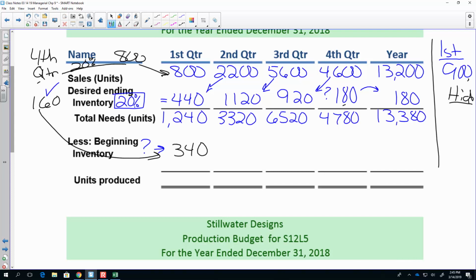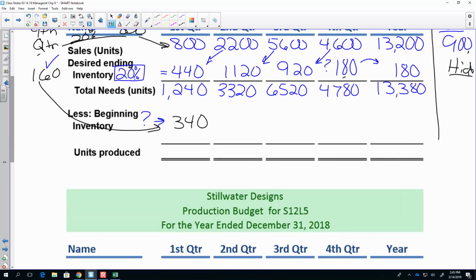Okay, the rest is, I think, easy. So we just grab these numbers, cell reference down. So 440, 1120, 920, and for the beginning of the year would be what? Yep, 340. Perfect. Please subtract the beginning.